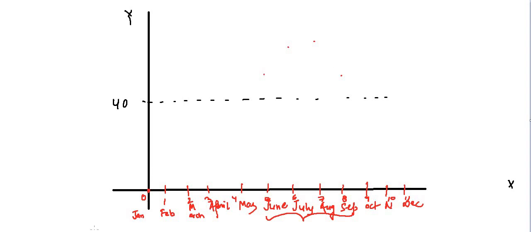Fine. And in January, February, April, it will be somewhere below your 40 degree, right? Next, it is saying that in November and December, again we have below your 40 degree.